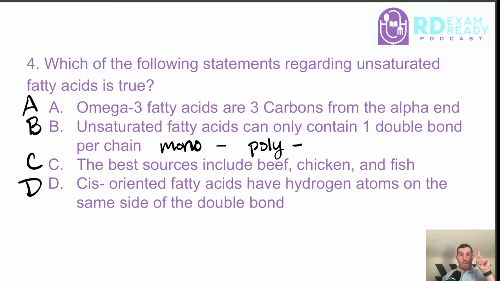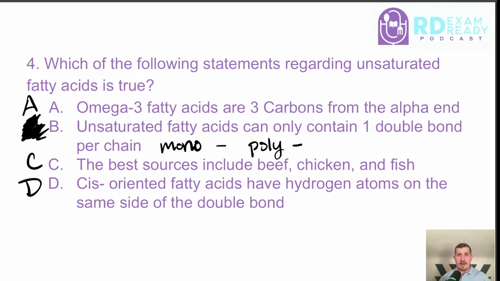Mono meaning 1 double bond, poly meaning 2 or more, right? So based on that, the statement that unsaturated fatty acids can only have 1 double bond per chain is not true. That is a false statement, and I would recommend getting rid of that one because we can have both monos and polys. Okay?